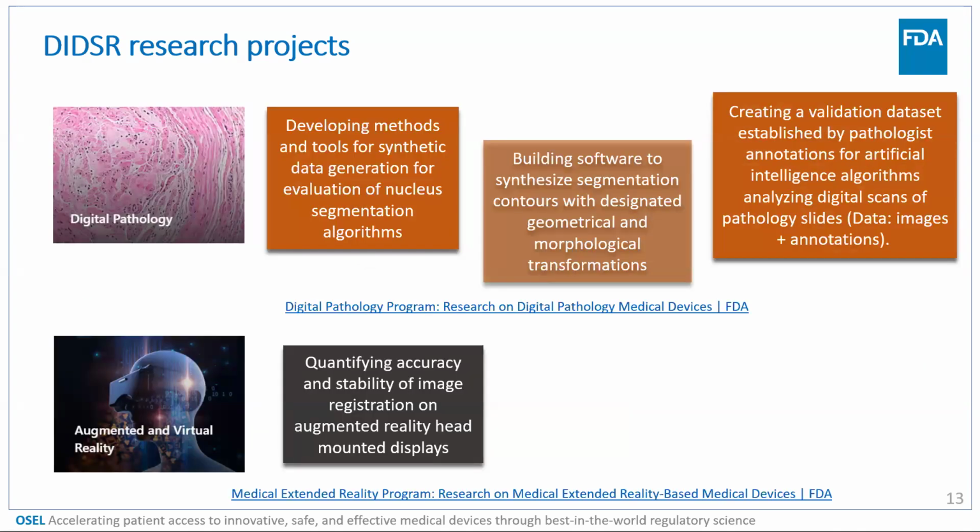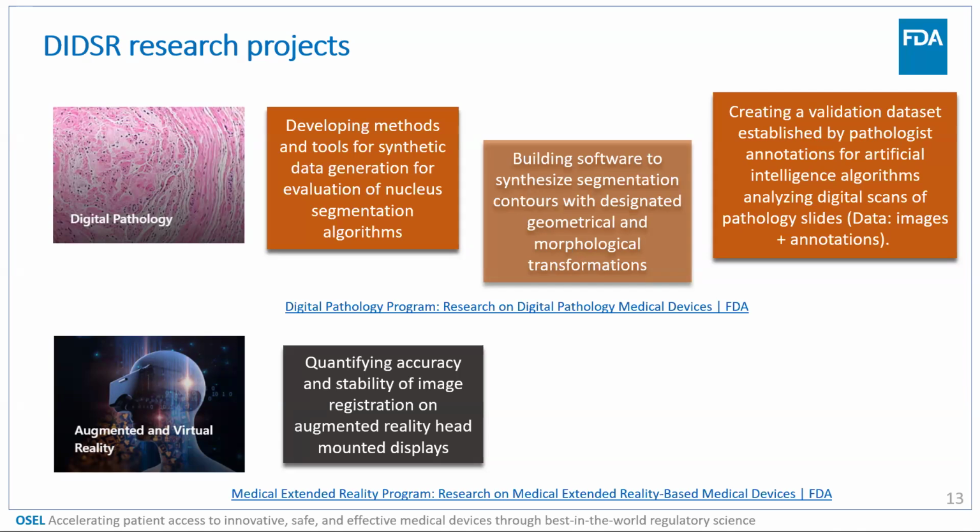And then some other research areas, digital pathology is growing a lot. So digital pathology is the process of converting traditional pathology slides, which are glass slides with tissue samples, into digital images for easier analysis and also integration with AI. And one of the projects that's going on there is creating a large validation data set established by pathologist annotations.